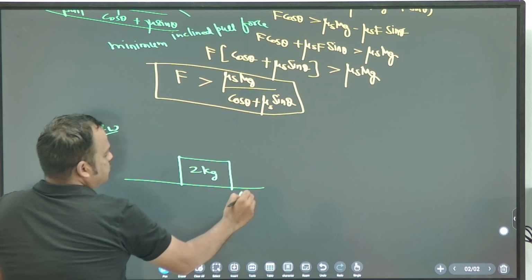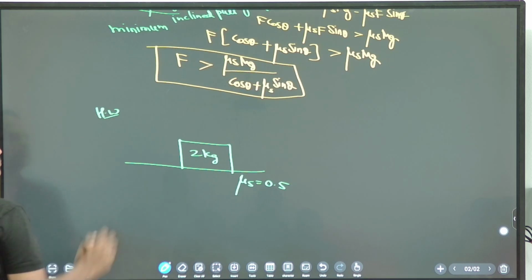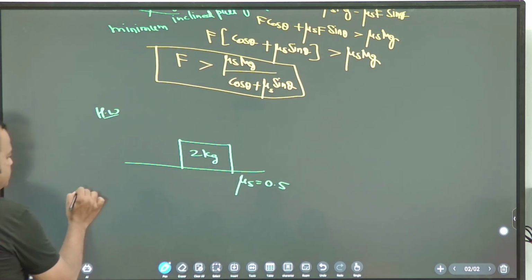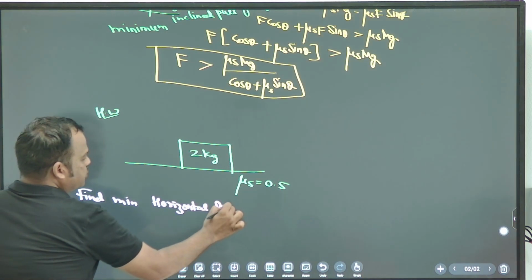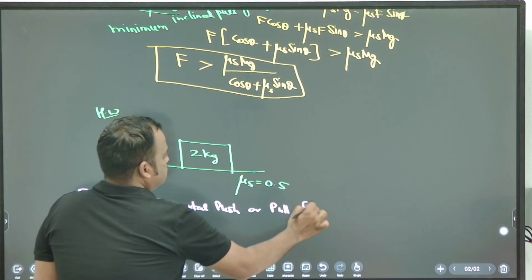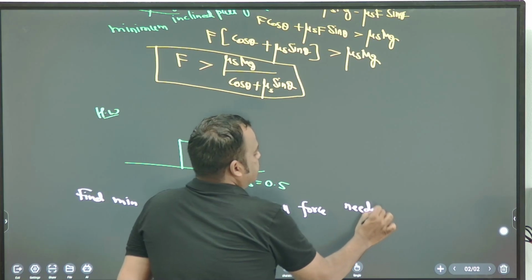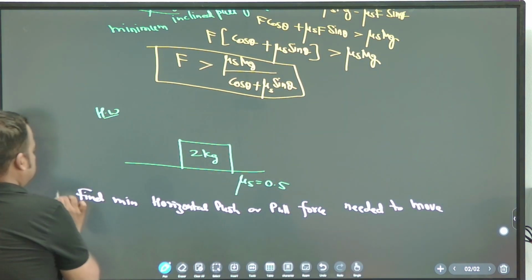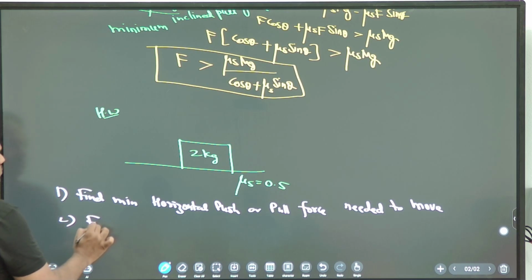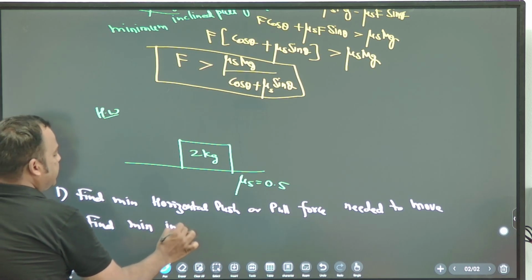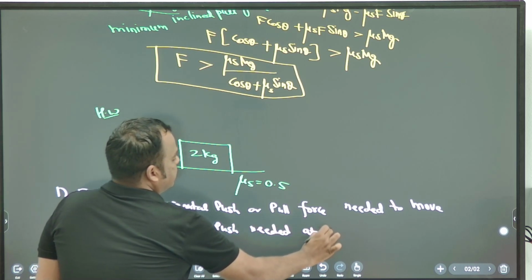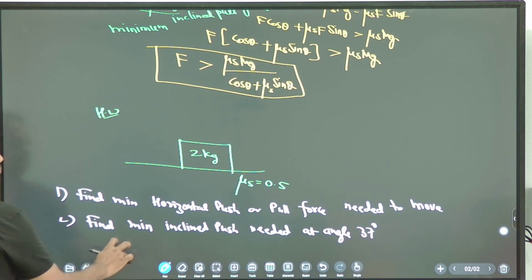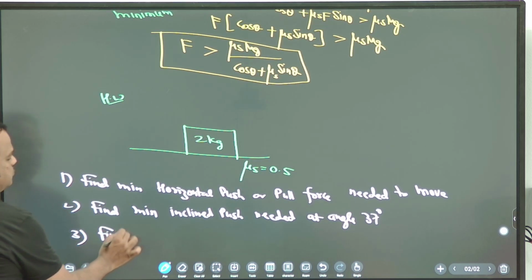Okay, correct. Now one numerical homework. This is a 2 kg block, mu s is 0.5. Find the minimum horizontal push or pull force needed to move it. Find the minimum inclined push needed at an angle of 37 degrees with horizontal.